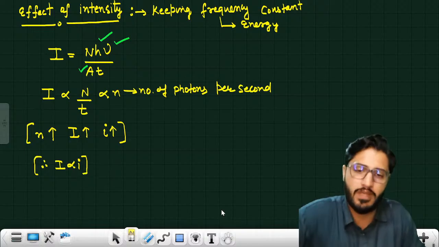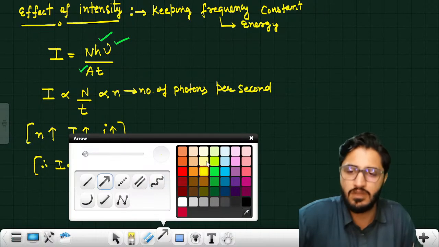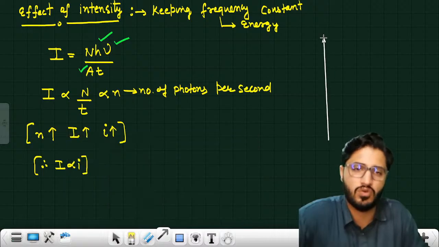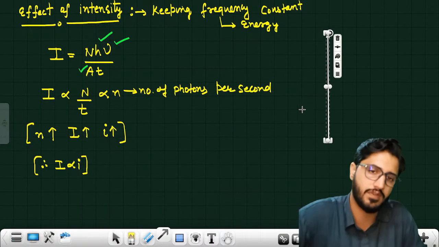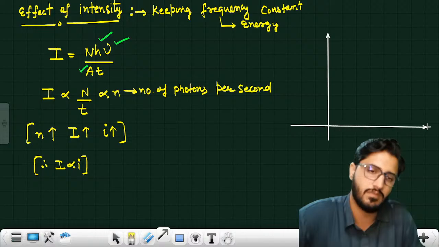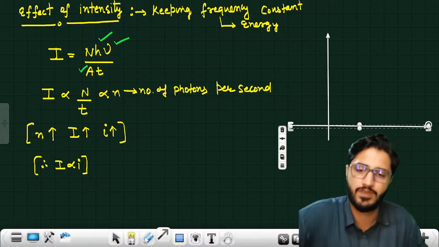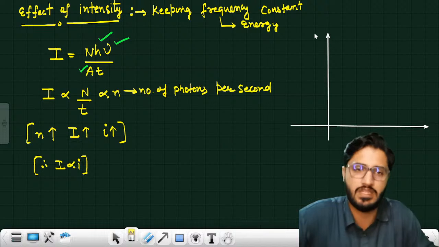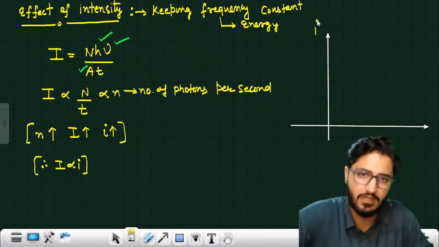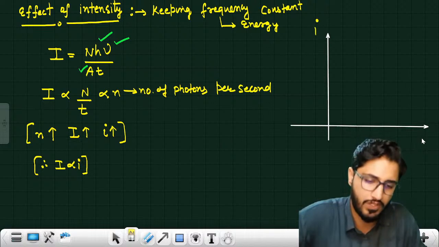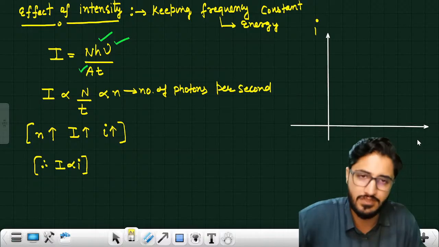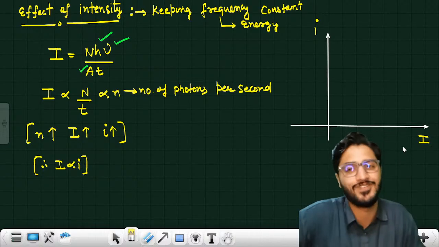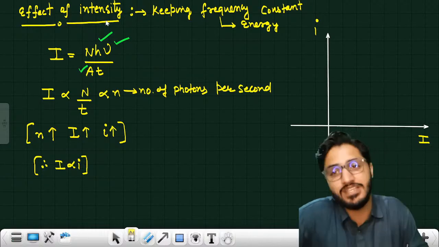If you need to make a graph out of it, I will just show you how. It's my graph. And is this graph between my current and my potential? No, it is between current and my intensity. Why? Because here we are finding intensity.